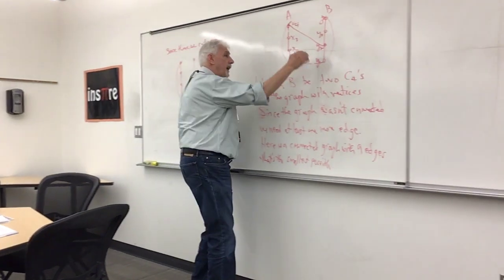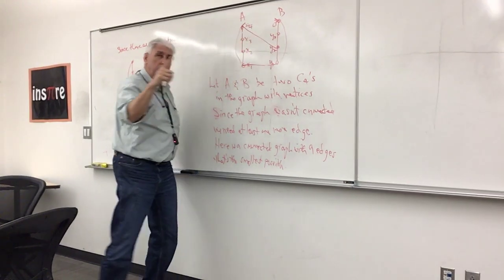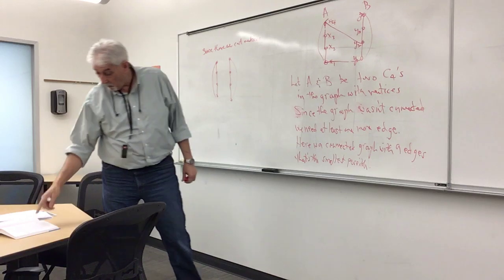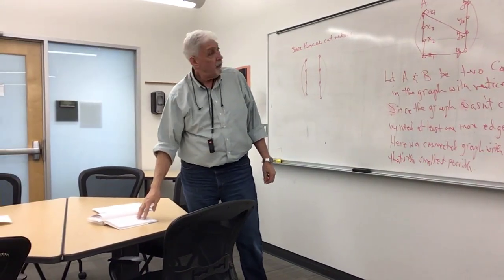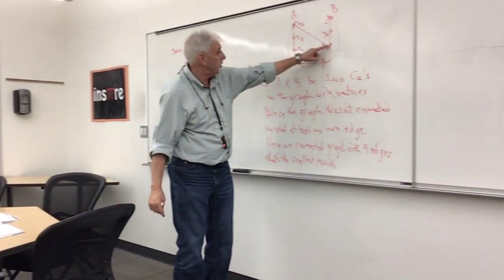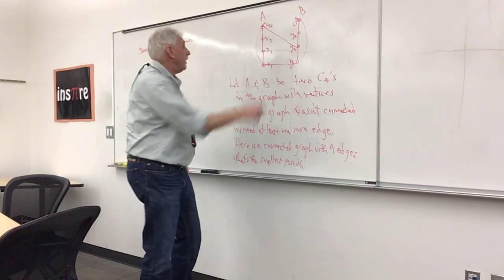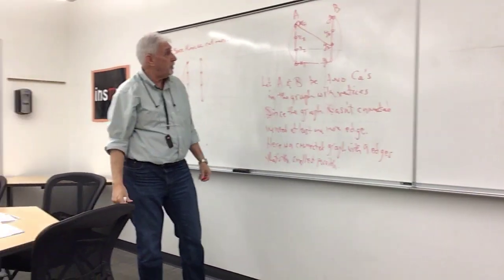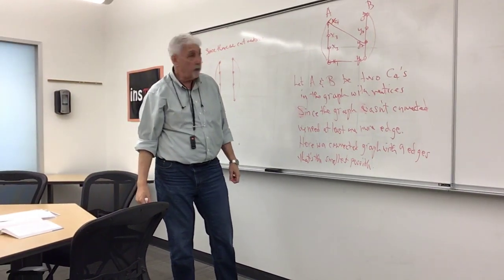Okay, and I don't want this to be a multi-graph. This is important. I want this to be a graph. It's asking for a graph, a connected graph. So I don't want to add the edge y2, x4, because that would make a multi-graph.